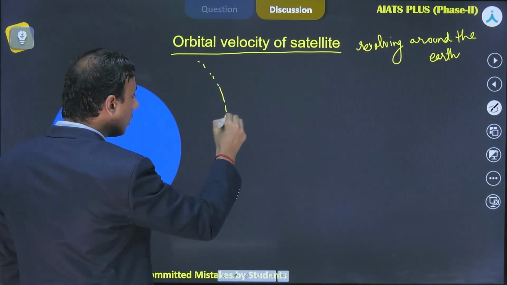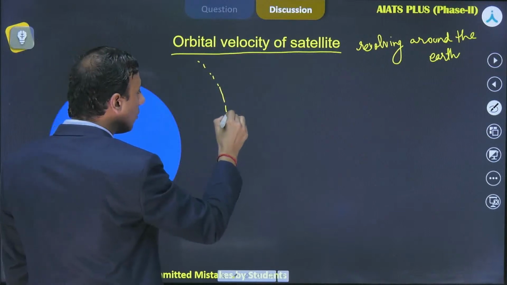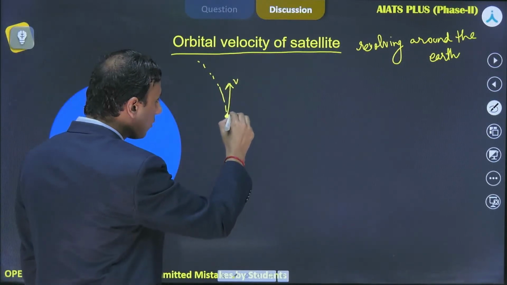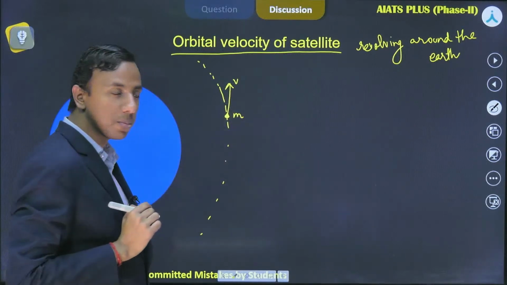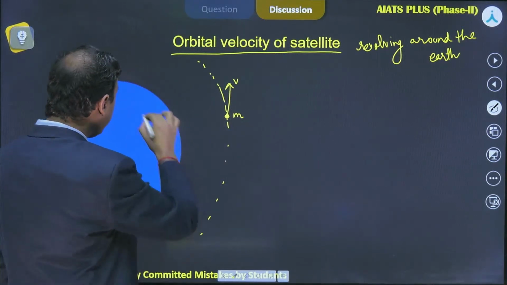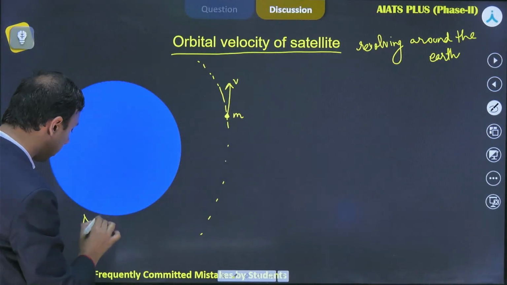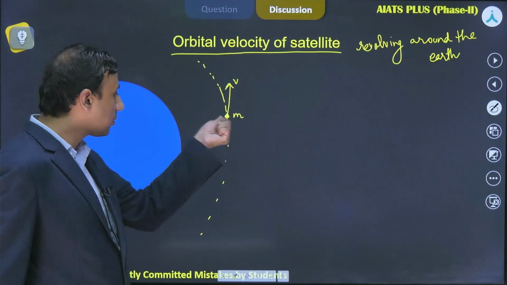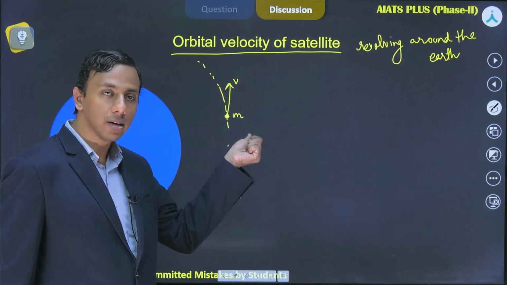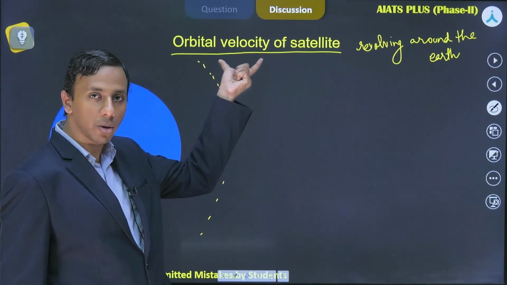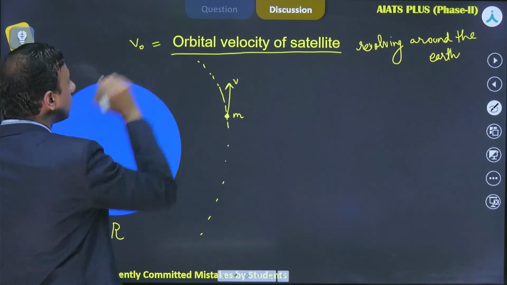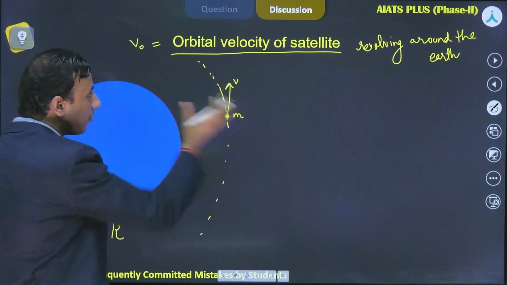All right. So let's say here the orbital velocity is V. Okay, and obviously the mass of the satellite is the same, small m, and the mass of Earth is also the same, capital M, radius capital R. So now what are the forces that are going to act on this satellite? We are supposed to find the expression for orbital velocity, and the symbol we denote is, let's say, VO. So what are the forces?